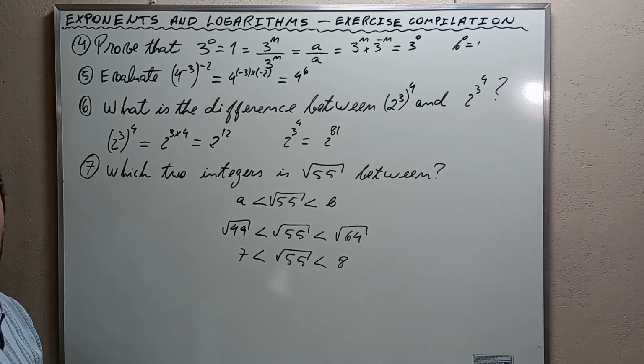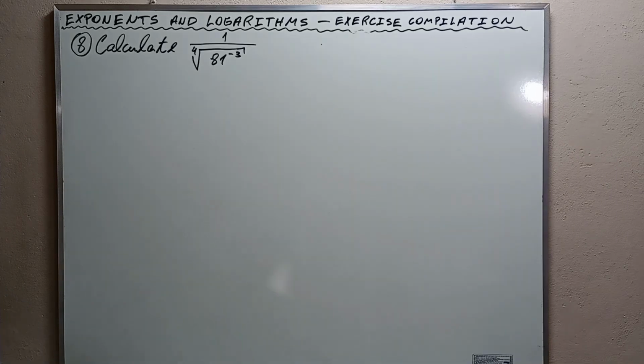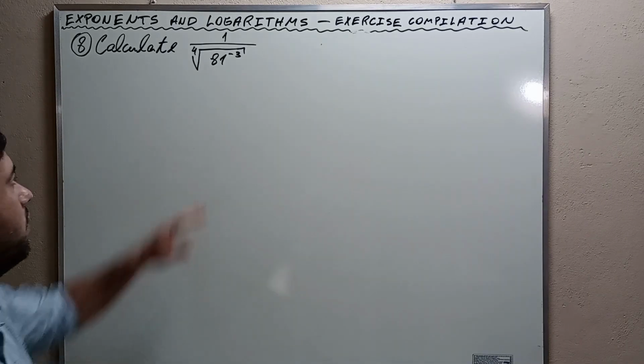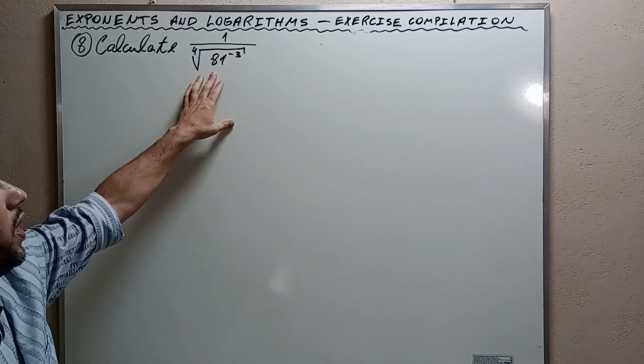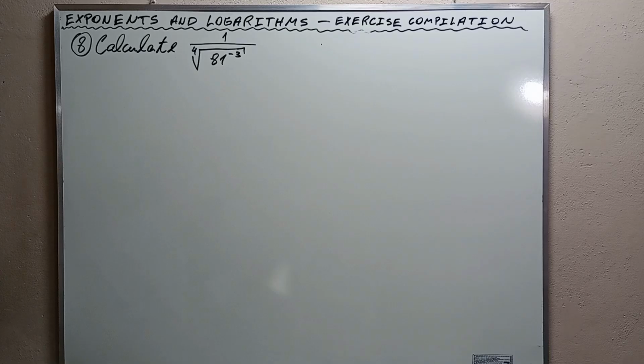Let's go to exercise 8. Exercise number 8, calculate this. And to solve, firstly, we have to understand that 81 is equal to 3 to the 4th.